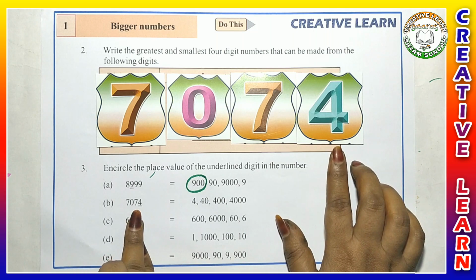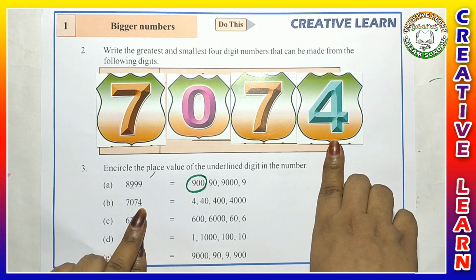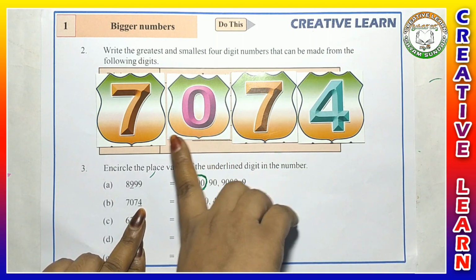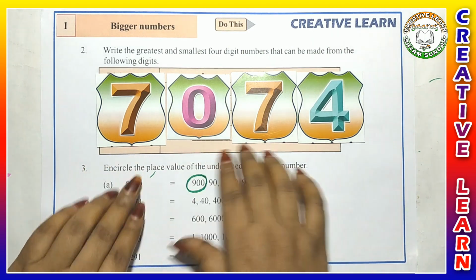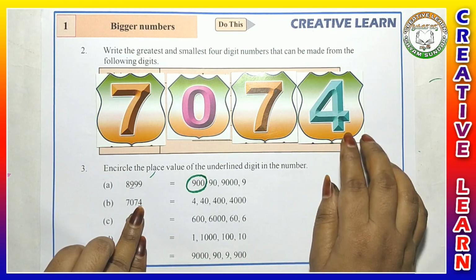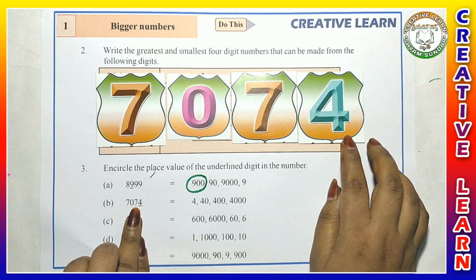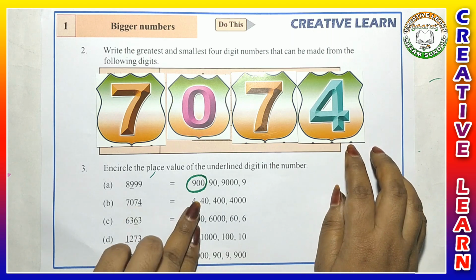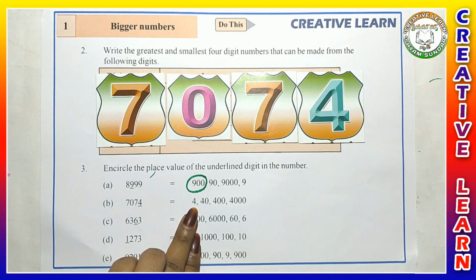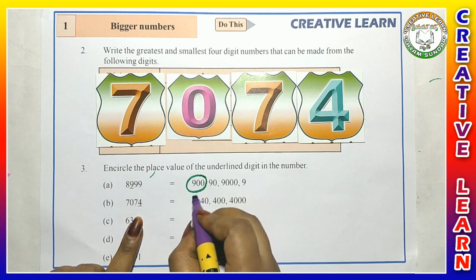First let's see the place value. Let's see the places: ones, tens, hundreds and thousands. In this one the underlined digit is 4. So what is the place of 4? Ones place. So the place value of 4 is 4 ones, which means only 4. Let's circle it. 4.